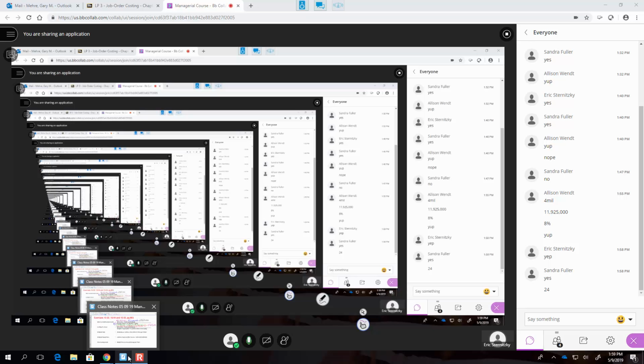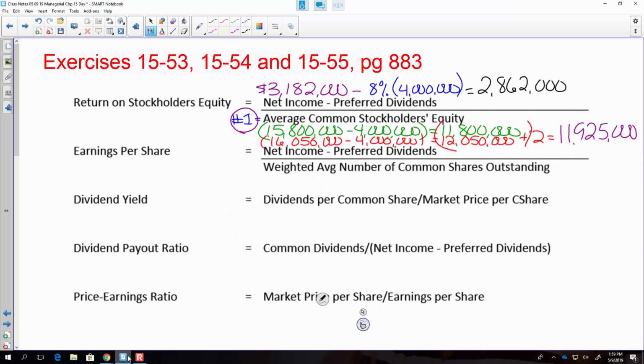Is that right, guys? Okay, 24, awesome, thank you. So I'm going to put that answer right here in red. So my return on stockholders' equity is 24%. Excellent.